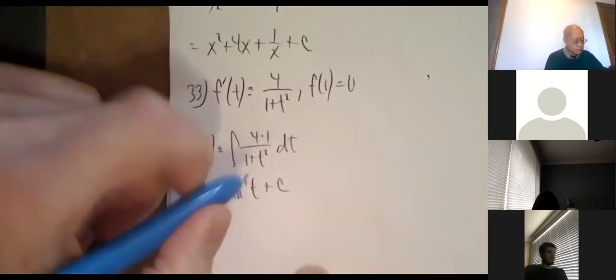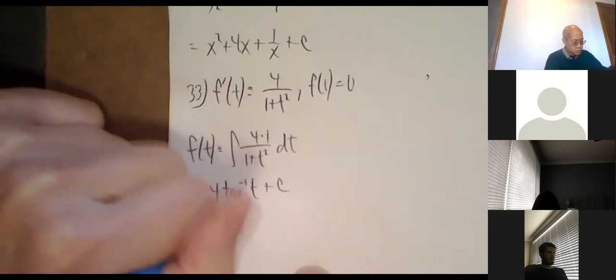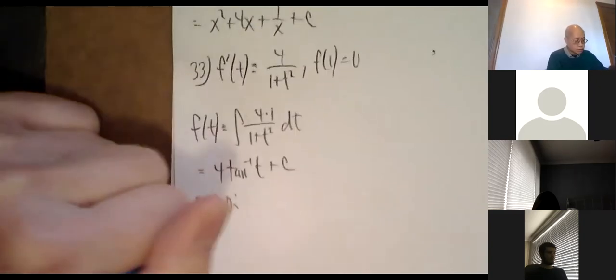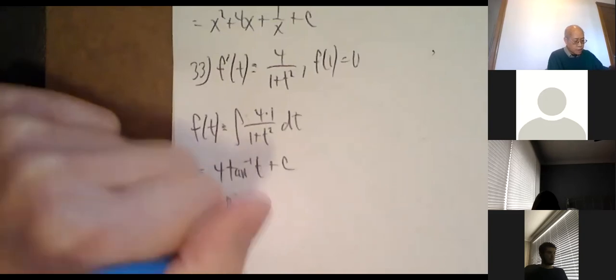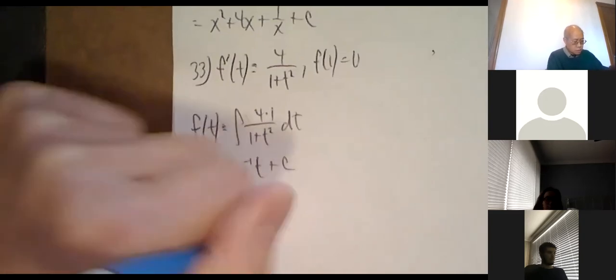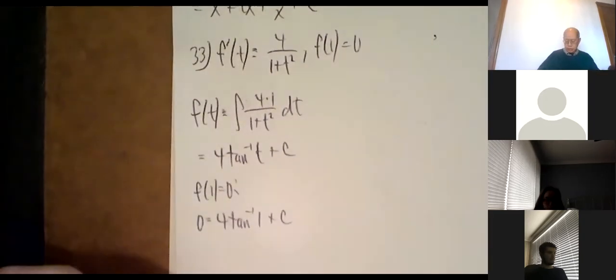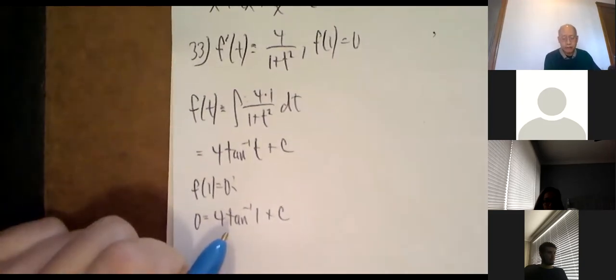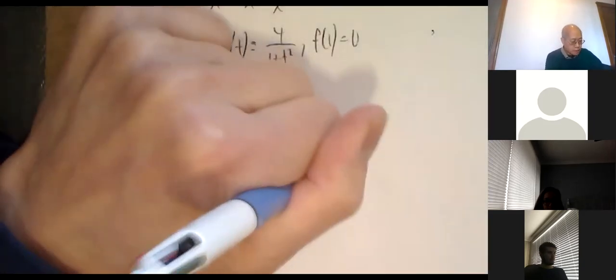Now, f of 1 equals 0 means I plug in 1 and the answer I get is 0. So 0 is the result of plugging in 1 into 4 arctangent of t, plus C. Inverse tangent of 1 is pi over 4, because tangent of pi over 4 is 1.